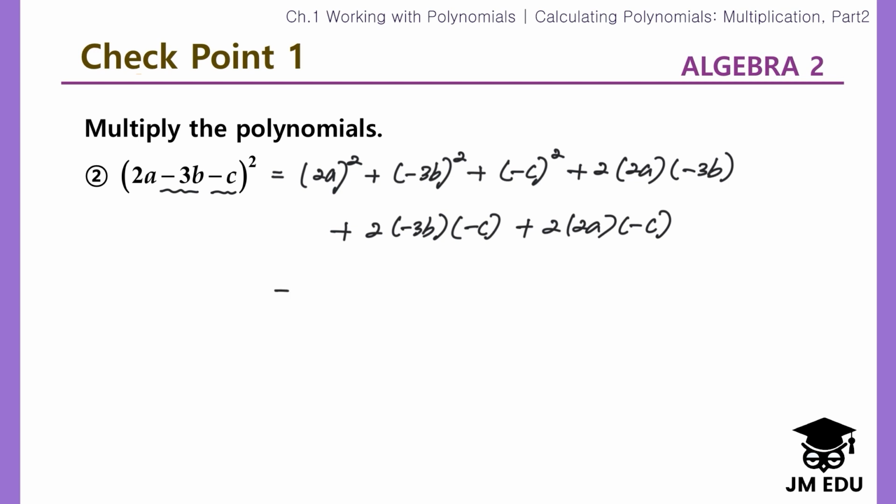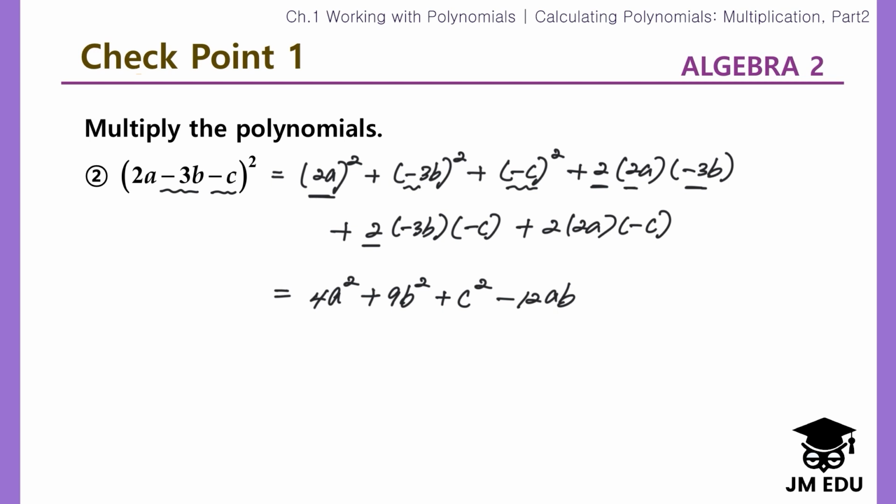So that is equal to 2a squared, that's 4a squared, minus 3 squared, that's positive, plus 9b squared, minus c squared, that's plus c squared, then 2 times negative 3, that's minus 12ab.